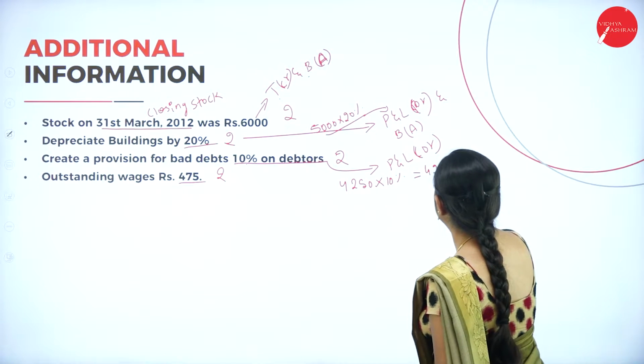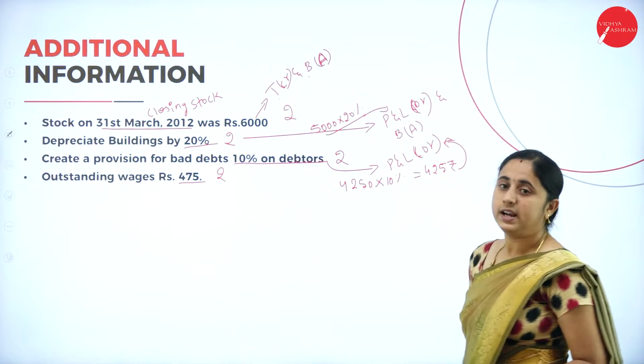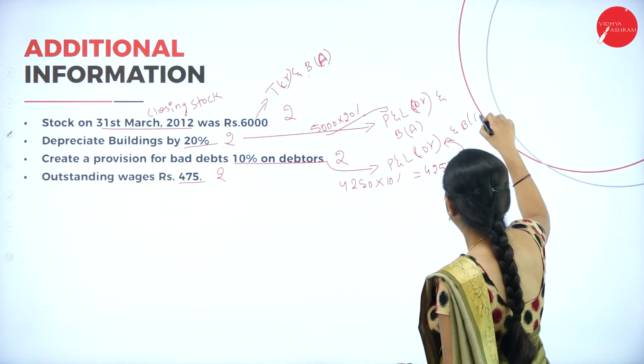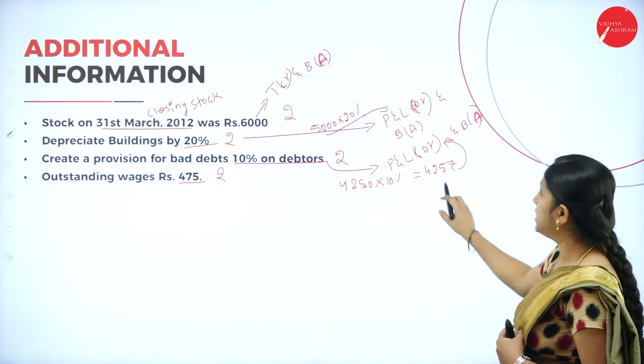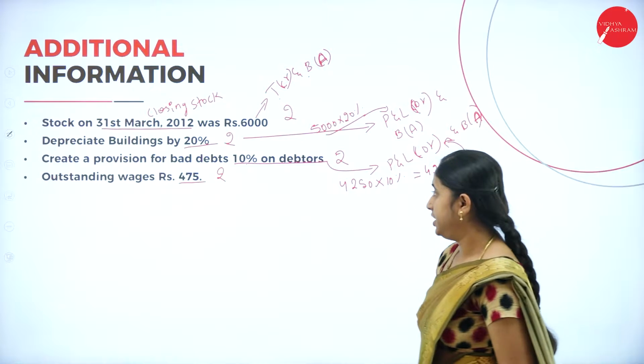That is 425 rupees. Once you will consider profit and loss account debit side. Again in the balance sheet, asset side, from the debtor you will deduct 425 rupees. So, you will consider profit and loss account and balance sheet.